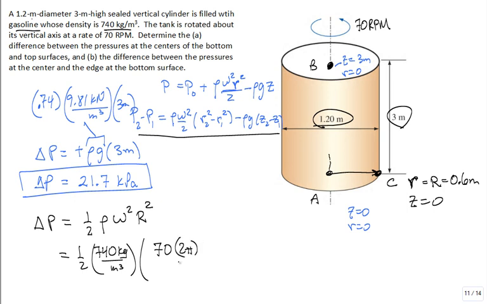Every revolution is 2 pi radians, and every minute is 60 seconds. So 70 RPM is equal to 70 times 2 pi divided by 60 radians per second. That is omega, squared. And we have R, the radius of 0.6 meters, squared.